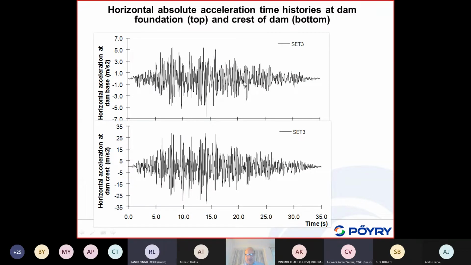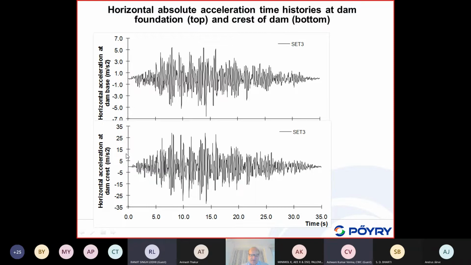We have about 0.8 g at the base of the dam. The 7 meters per second squared is about 0.7 g. It is slightly smaller due to the eigenfrequency of this structure.